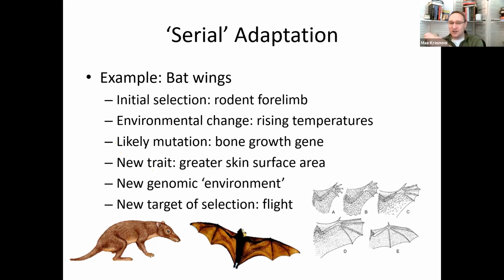And that transition from the selection pressure from temperature regulation to flight gives us our series that allows the adaptations, each of those genetic changes along the way, to actually themselves be adaptations. And the point of this example is that they didn't have to all be for flight, right? Those first ones were not about flight.